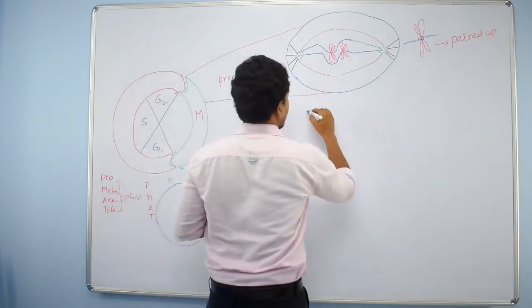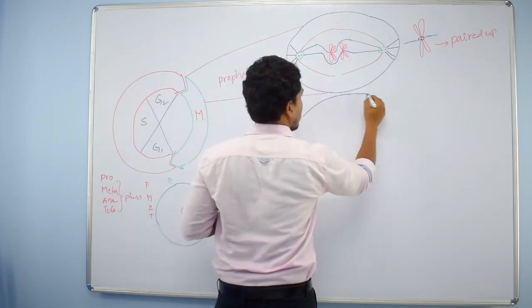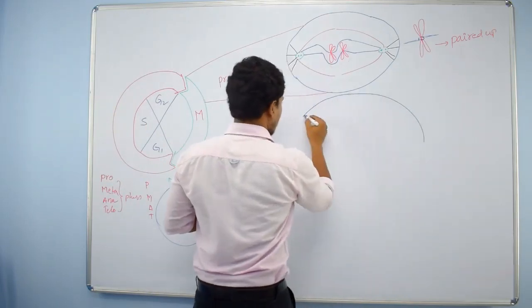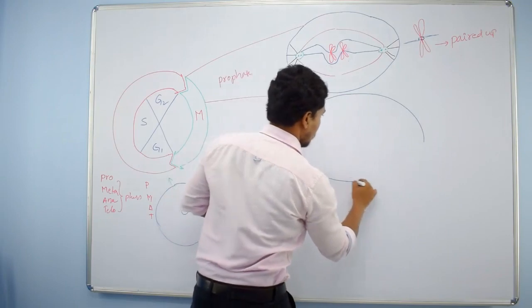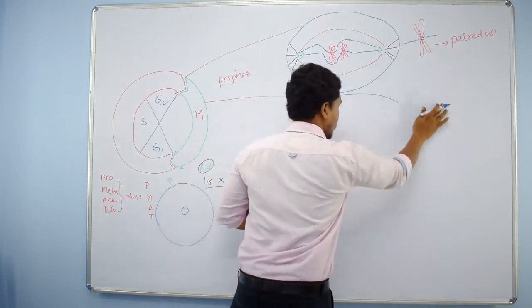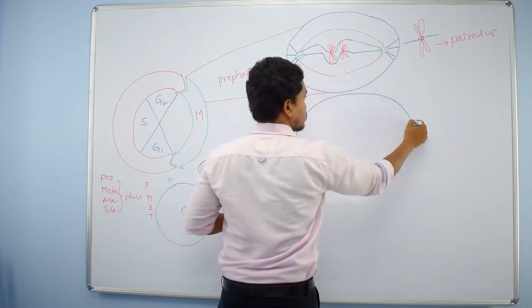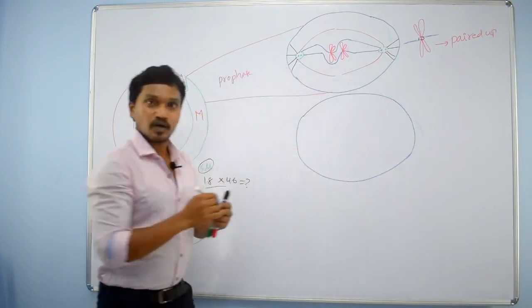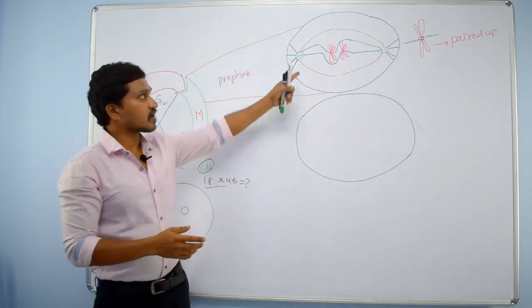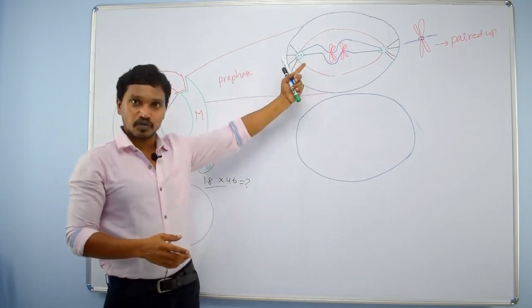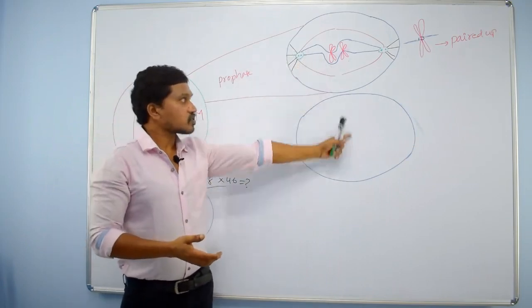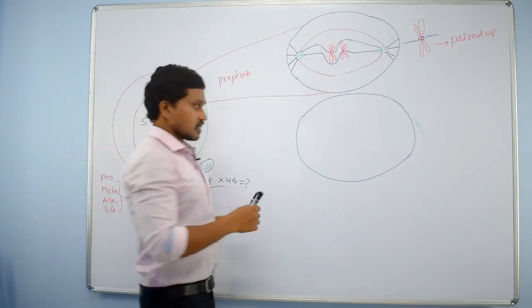Here this is the cell. This cell contains chromosomes in the middle. Why? Because of contraction of these kinetochore microtubules, all these chromosomes arrange in the center.